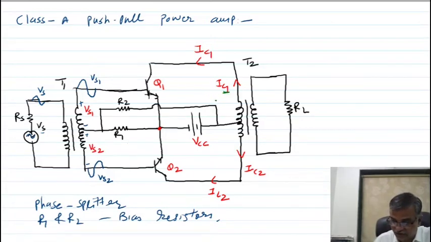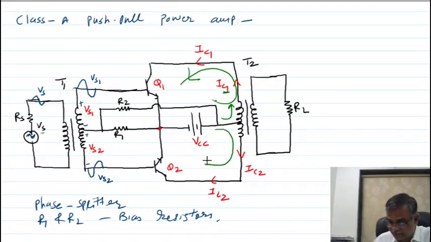So for this half, the collector current will flow like this, going from here to here. And for this half, the collector current will flow in this way. This is IC2. Through this winding, it is going in this direction.